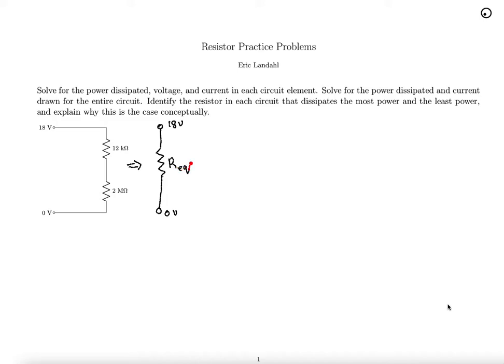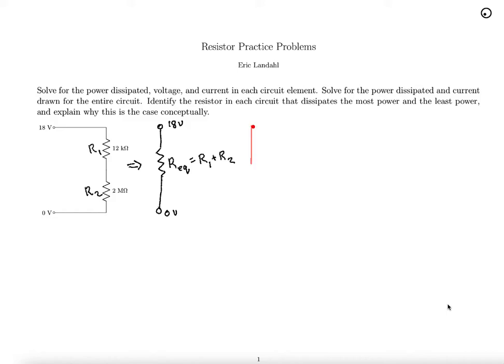With that equivalent resistor is the sum of these two. I'm going to go and label my resistors for clarity later. R1 on top, closer to higher voltage, R2 on bottom, and R equivalent is just R1 plus R2 using the rule for adding resistors in series.